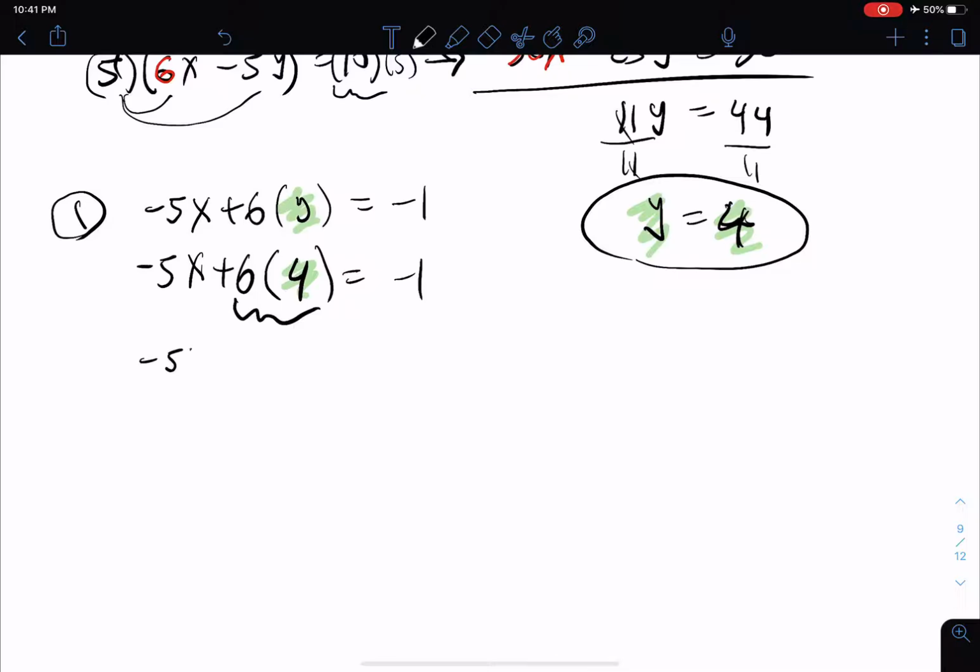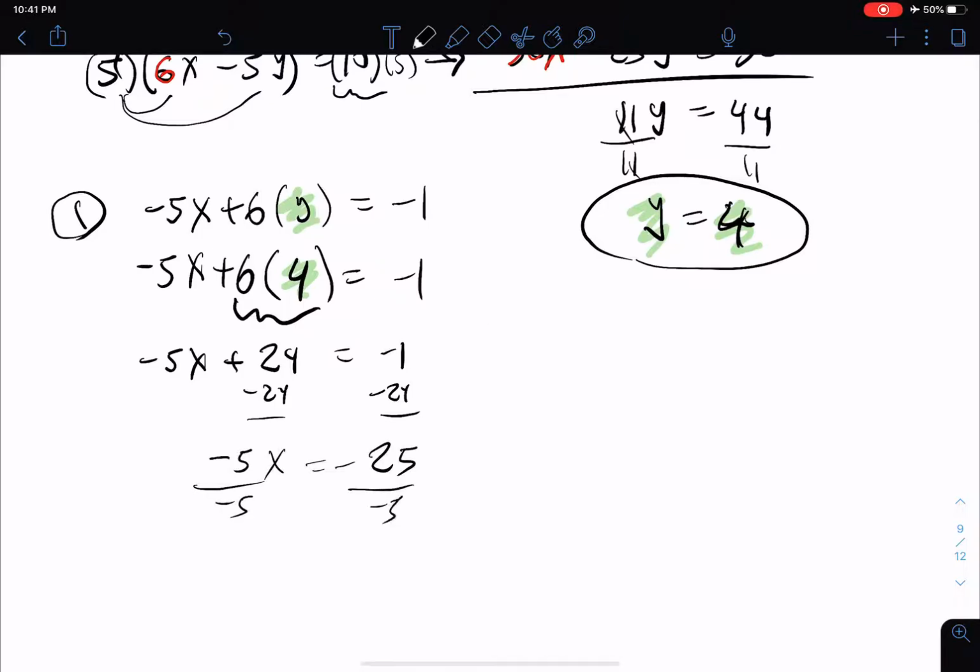I've got negative 5x, 6 times 4 is 24, which equals a negative 1. I subtract 24 off of both sides, and when I do that, I get negative 5x equals negative 25. Divide by negative 5, and let's remember that a negative divided by a negative gives us a positive 5. And we got our answer.